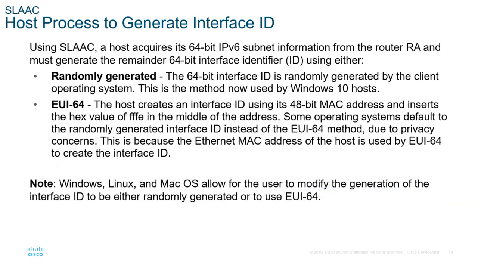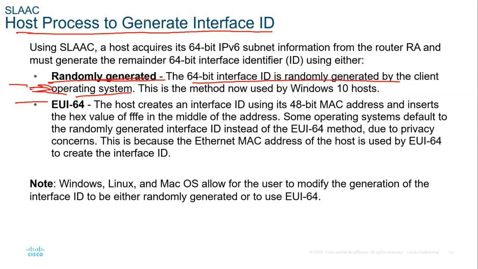Next is the host process to generate the interface ID. We have randomly generated and then Extended Unique Identifier 64. With randomly generated, the 64-bit interface ID is randomly generated by the client operating system. So it's the operating system that auto-generates this number.